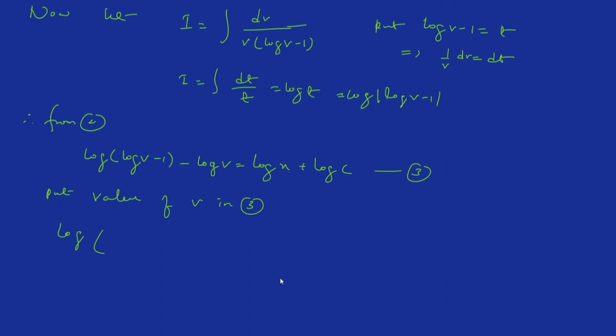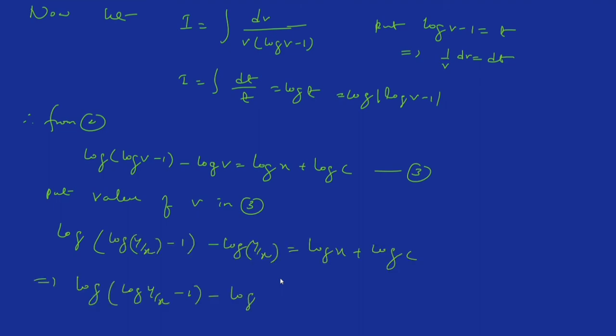So this implies log(log(y/x) minus 1) minus log y plus log x, since log of m by n can be written as log m minus log n, equals log x plus log c.